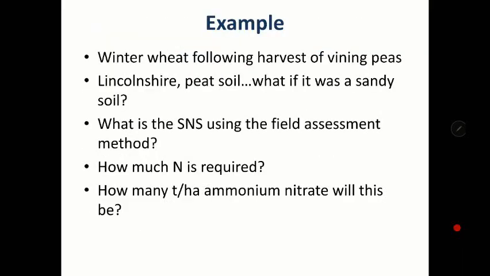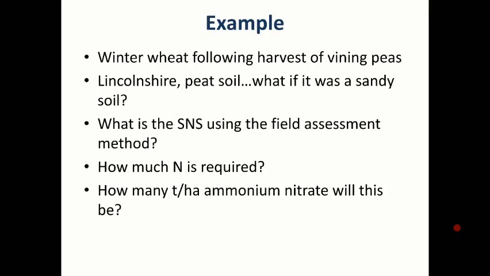So here's an example. We would need the RB209 in front of us to follow this through, actually, which I don't think I've got. Yeah, I don't have it here. We'll probably have a look at this in our practical class on Friday as an example. But basically, you could do this yourself too.